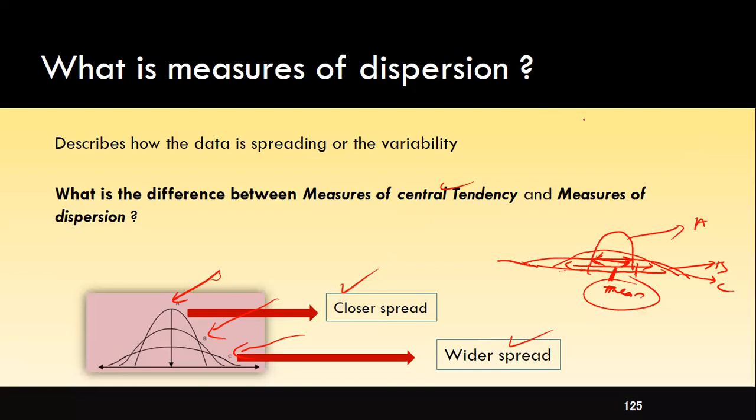A simple example: if you know the average depth of a river, that is not sufficient. You should know how the depths vary in different parts of the river. The average may be low, for example just 4.3 feet, the average depth of the river.